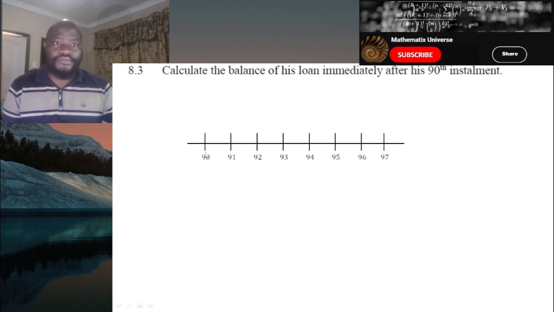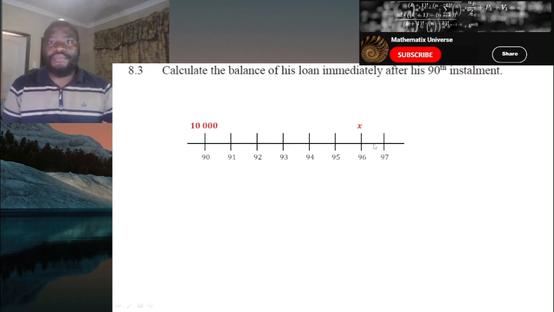So we want to know what we will have at this point, after paying this amount. As we saw in the fourth question, we are going to move the balance that we got here all the way to the 95th month, so that we can calculate what the new installment is going to be. But we need to know what the balance is here first.